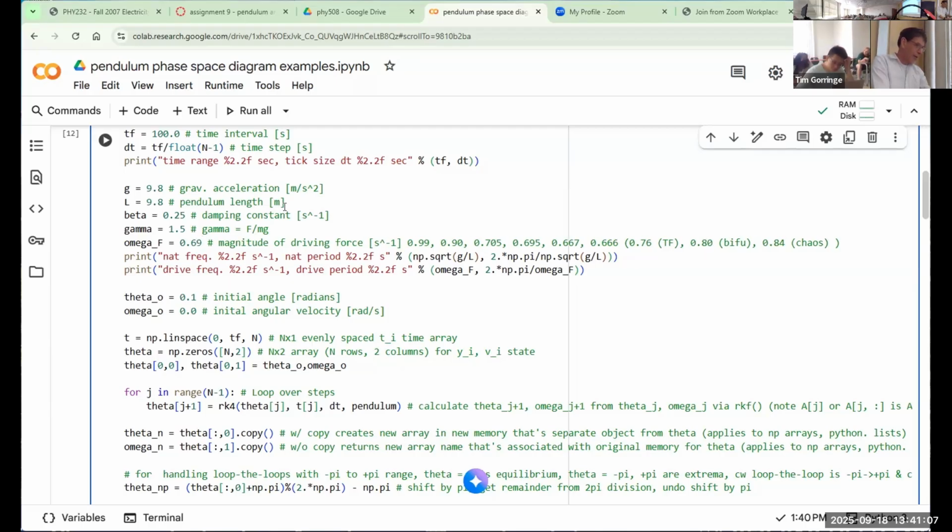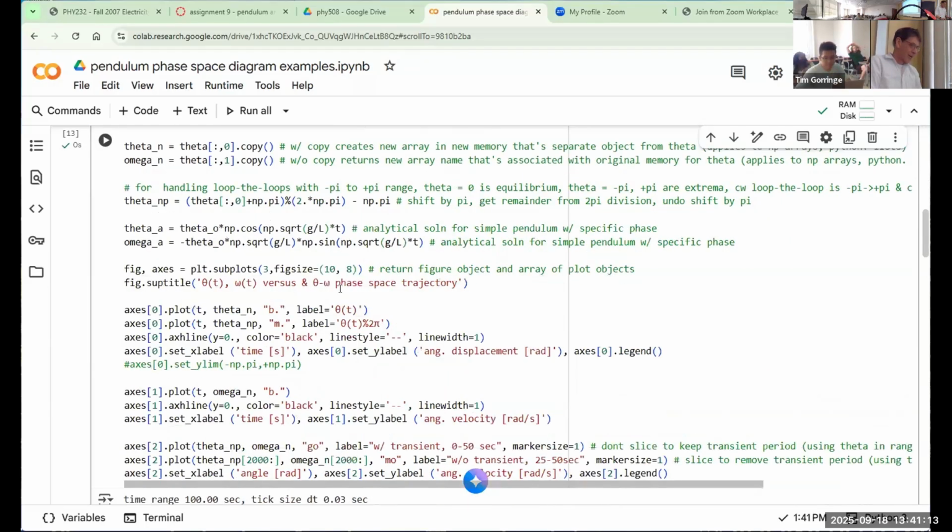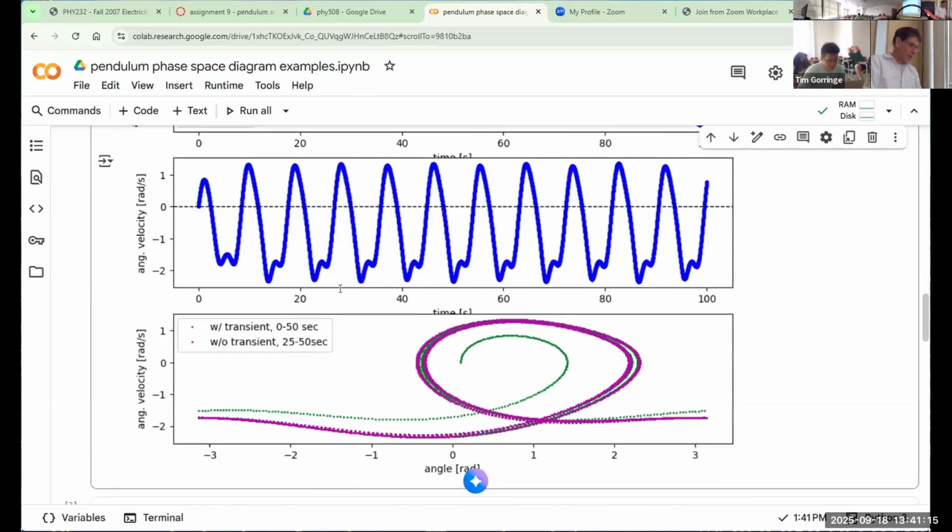Now I'm forgetting where I've been. I've been at 0.695. Let's try one more. Oh yeah, here we are. So this is about 1% different driving frequency, a lower driving frequency from the previous one.